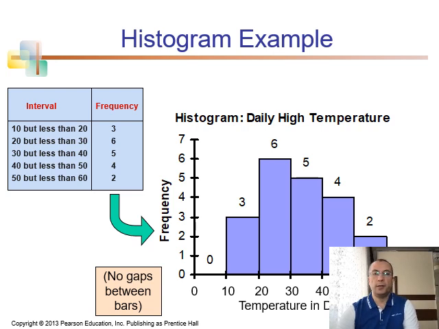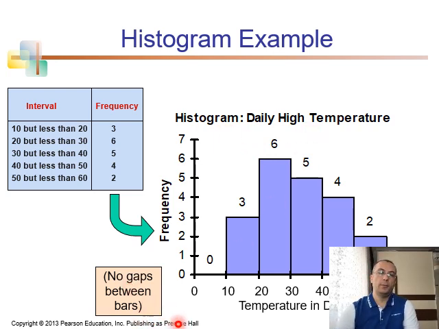For example, from 10 to 20, we had 3 observations. From 20 to 30, we had 6 observations. From 30 to 40, we have 5. 40 to 50, we have 4. 50 to 60, we have 2. So basically, this is how you create a histogram.